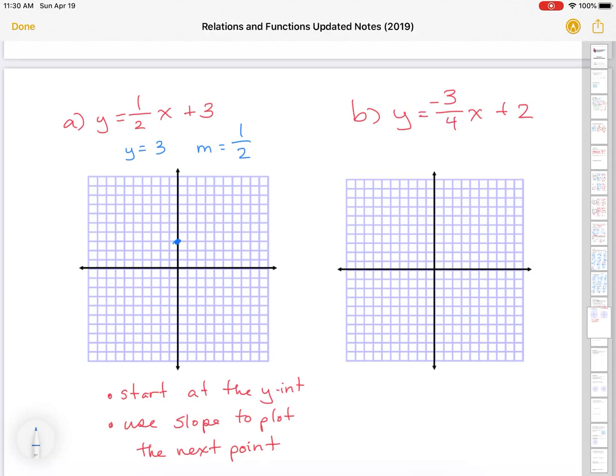It's equal to rise over run, right? So the 1 on top is going up, and the 2 on the bottom is going to the right. So we count up 1 over 2, and we can do that a few times, up 1 over 2, up 1 over 2, and then we connect those. And that would be our line.